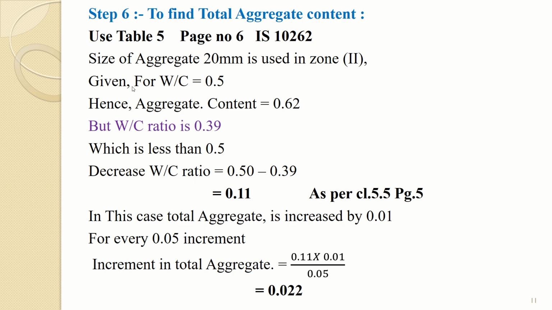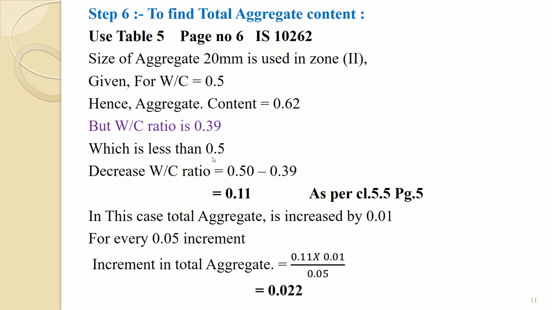You will find that for water cement ratio 0.5, the aggregate content is 0.62, but our water cement ratio is 0.39. This value 0.62 is given for water cement ratio 0.5; if you read the heading of the table, you will find the values given are for water cement ratio 0.5, and here our value is 0.39. So we should add some aggregate content.